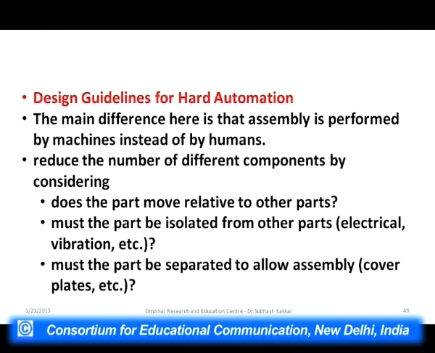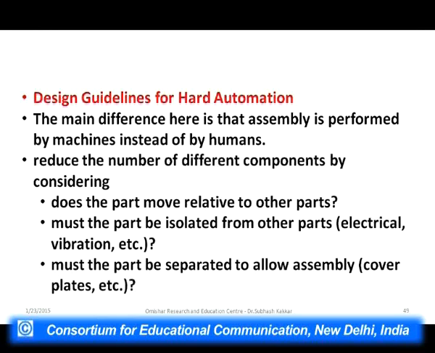Reduce the number of different components by considering: does a part move relative to other parts? If there is a relative motion between two parts, only then we should have two different components. If there is no relative motion between the two parts, they can be made in one single part also.